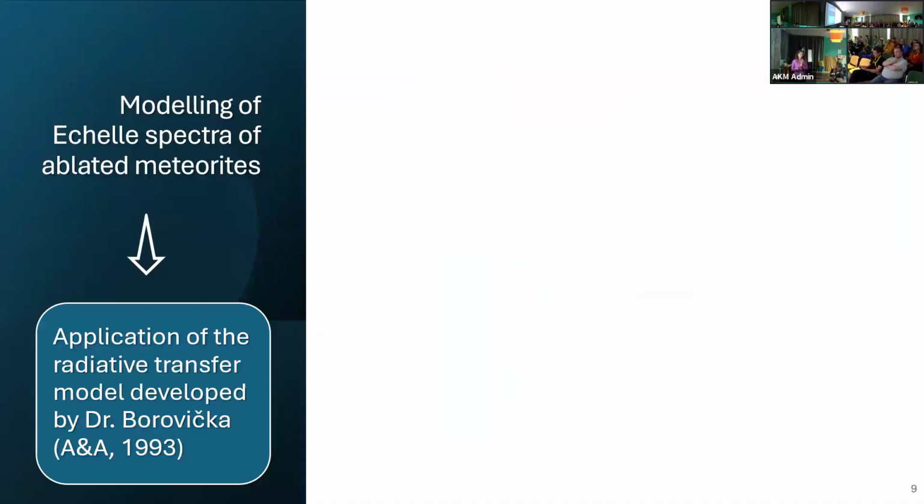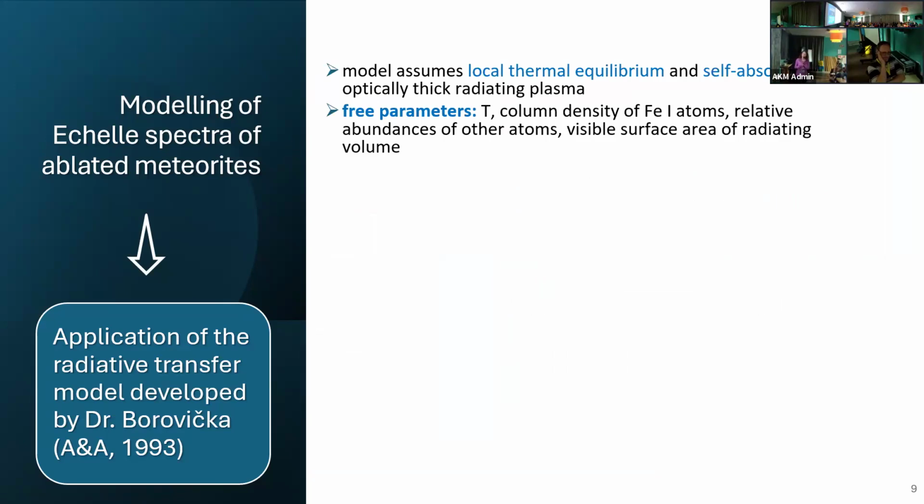And that's what I've been working on over the last months during my postdoc. So I applied a radiative transfer model developed by Dr. Borovicka to our laboratory spectra. This model assumes local thermal equilibrium and includes self-absorption in optically thick radiating plasma.